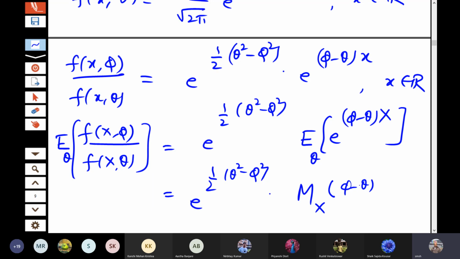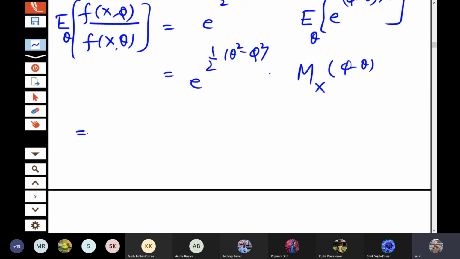For the normal distribution, you know the moment generating function is e to the power mu t plus half sigma square t square. So here mu is theta and sigma square is 1.